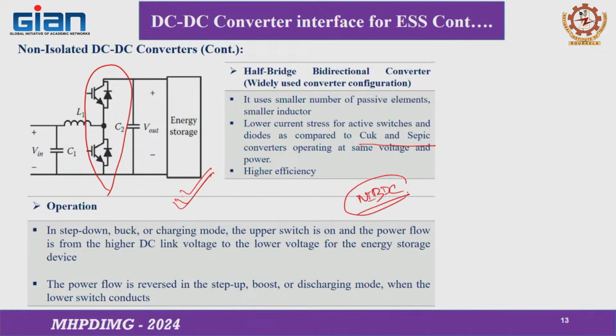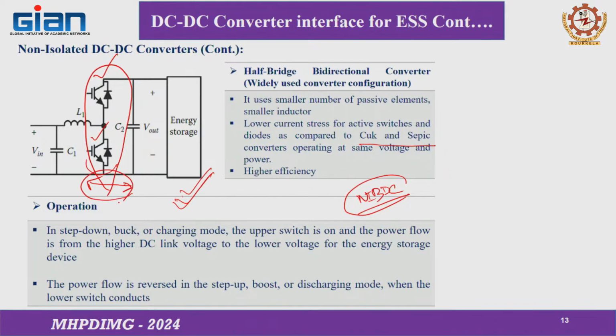If you see, there are two switches here, one is the upper switch and the other is the lower switch. There may be some mismatch in the naming, you can adjust it, but it is all the same: top switch, bottom switch. Here it is operating between the DC microgrid and the energy storage, bidirectionally.